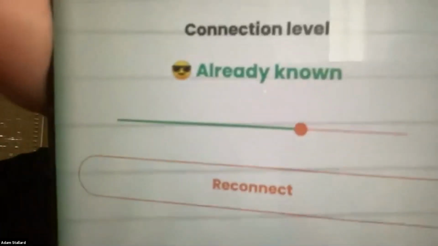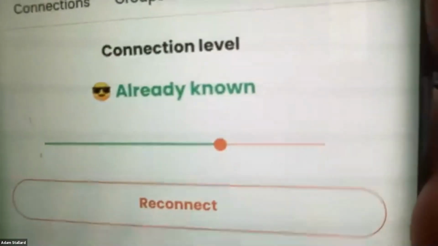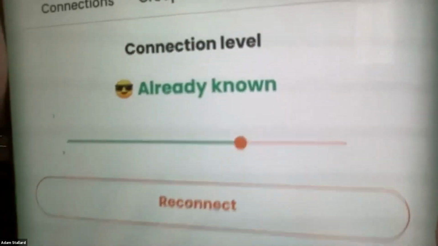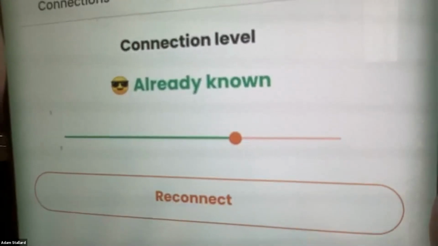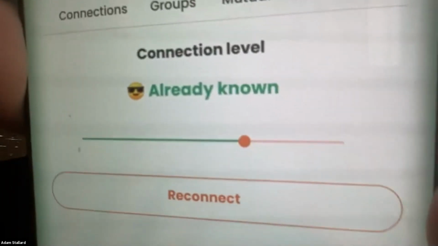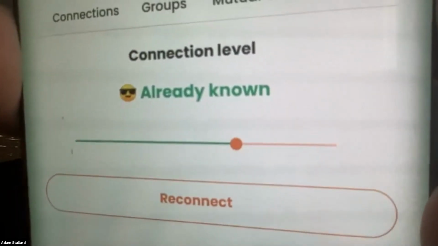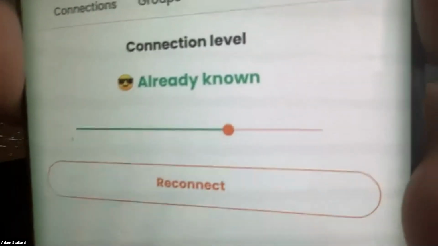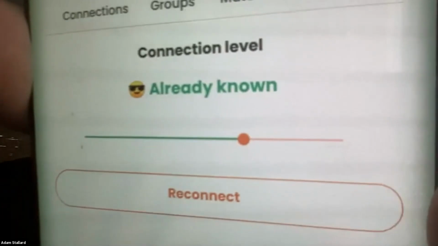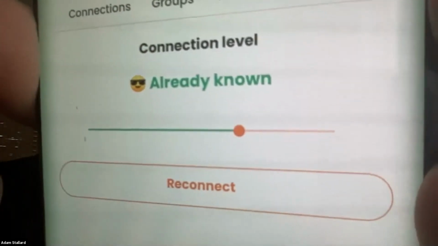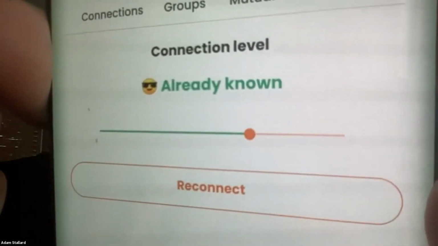So one of the things that I want to show, hopefully I can zoom in a little bit here. You'll see there's something that says connection level, and it says already known. This is really important for the social graph. Not only do you know who it is that you're connecting to, you personally know who it is, but you are able to, independent of the other person, select a connection level.